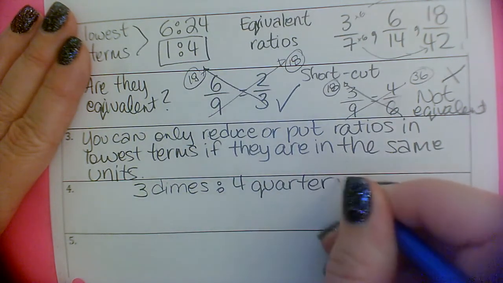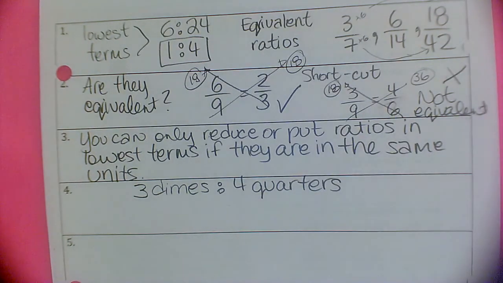So I get the ratio of 3 dimes for every 4 quarters. You give me 3 dimes, you have to give me 4 quarters. But they are totally different units. So in order to write a fraction or to write that ratio without those units, I have to make them the same units, right?